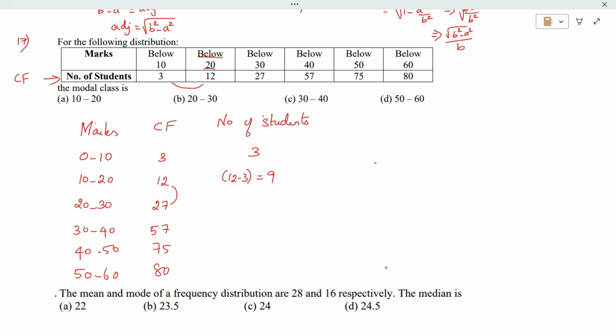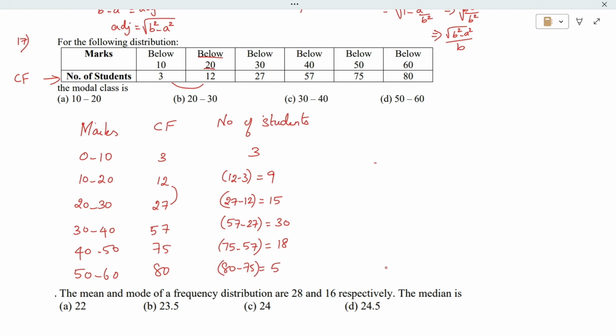Now again I am subtracting 27 minus 12 to find the number of students in the class interval 20 to 30. So 27 minus 12 is going to be 15. Now 57 minus 27 is going to be 30, isn't it? So 75 minus 57, that is equal to 18, and 80 minus 75 is equal to 5.